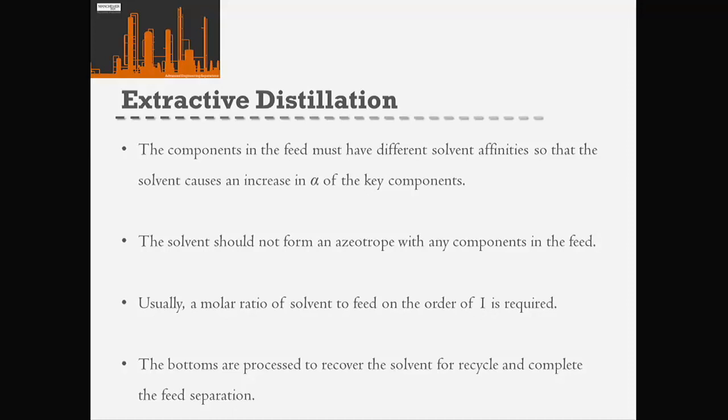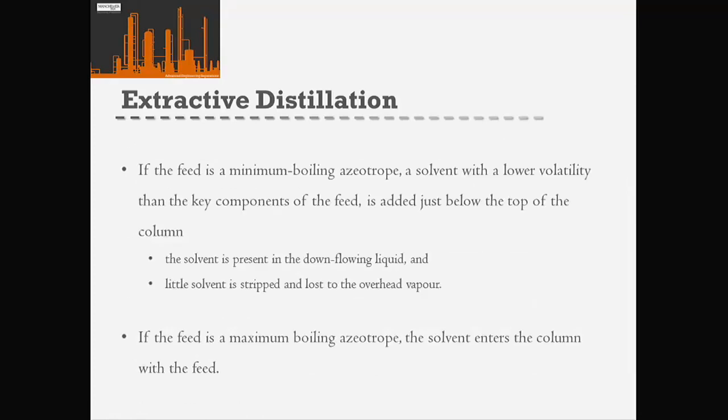Okay, so we need actually quite a lot of solvent, quite a lot of material added to our system. And then what we can do is we can essentially process our bottom product to recover the solvent back from our system, and then we can actually recycle this solvent and use it again.